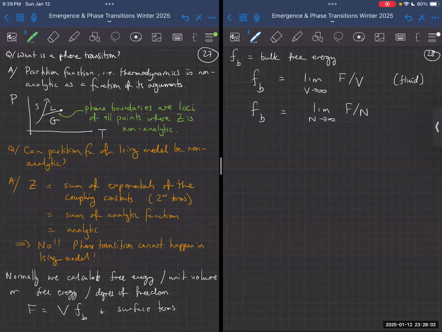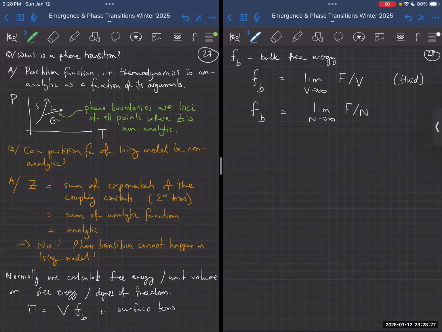And I write it like this because the surface terms will go like the surface area, and that will go like, say, in 3 dimensions, the volume to the 2/3 power, or n to the 2/3 power. So if I want to extract the bulk free energy, I take the n goes to infinity limit, and then in the ratio, those terms go to 0, and I just end up with FB itself.